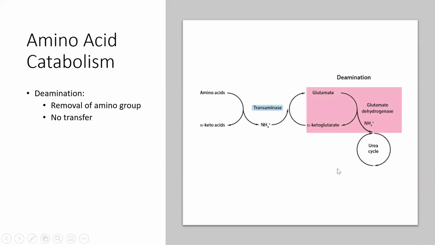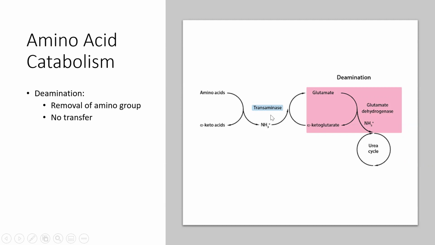Now, the second way we can do catabolism of amino acids is deamination, where we're essentially just removing the amino group. If you remember, this amino group on proteins is unique compared to carbohydrates and lipids. So there's no transfer. We simply take that amino acid, we remove the amino group, and it becomes an alpha keto acid.